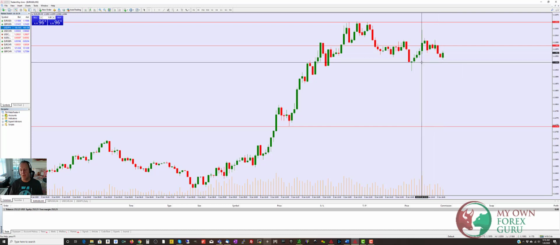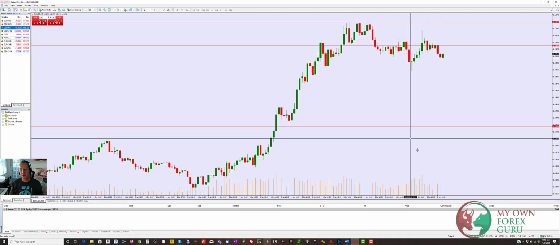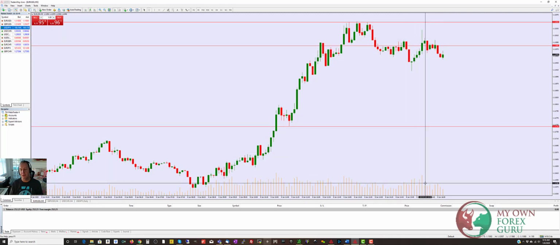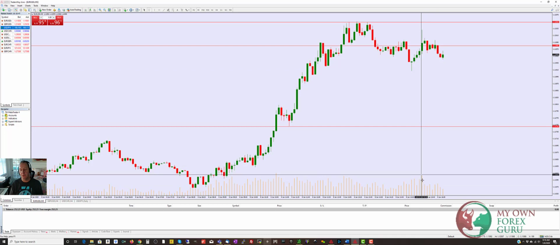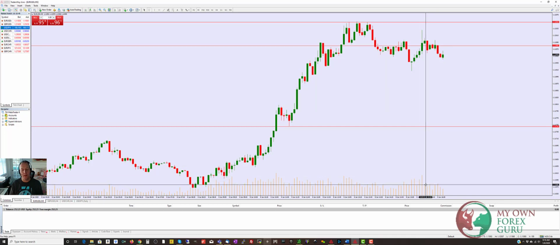So let's start taking a look at these candles. We see the volume going up here, and on this candle we have a smaller body, but we have an average volume, so that would indicate still a bullish move.